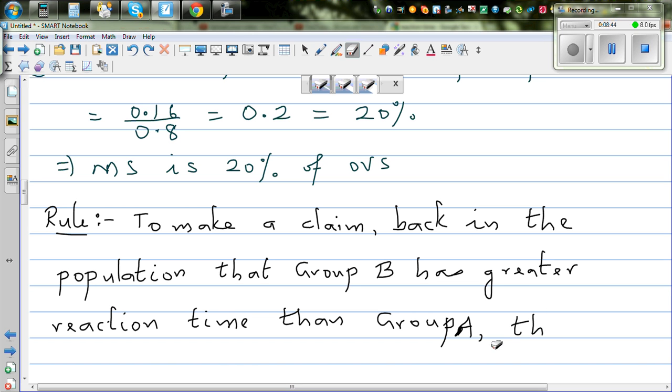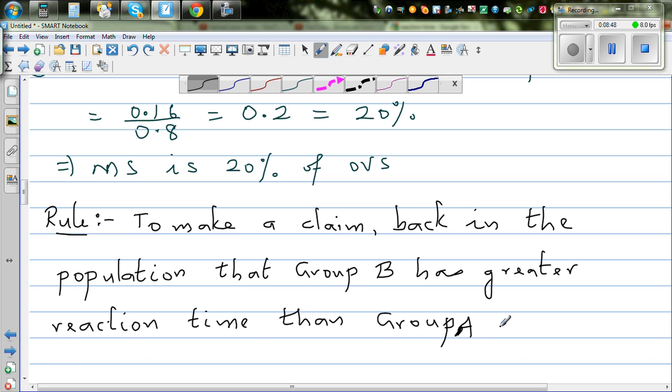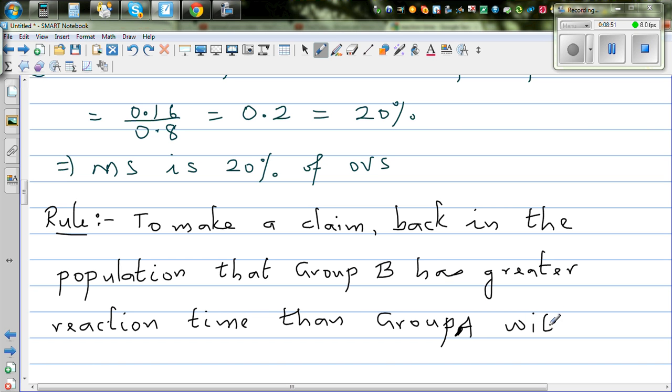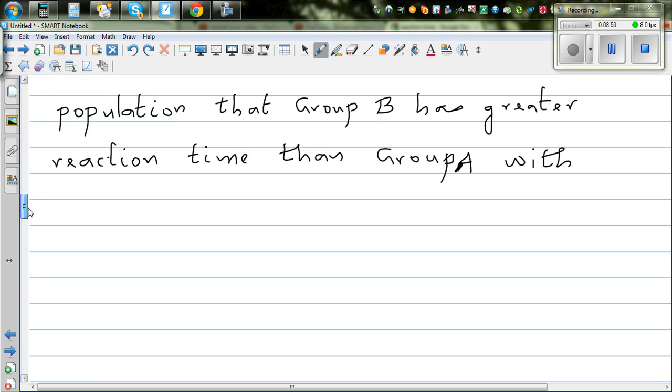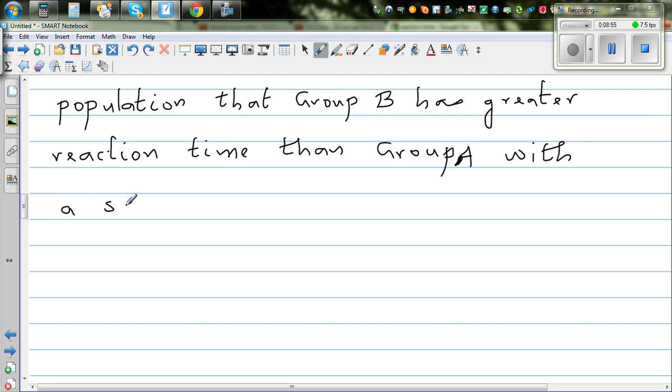Okay, now before that, again, for group A with a sample of 30, that's also important, with a sample size of 30.